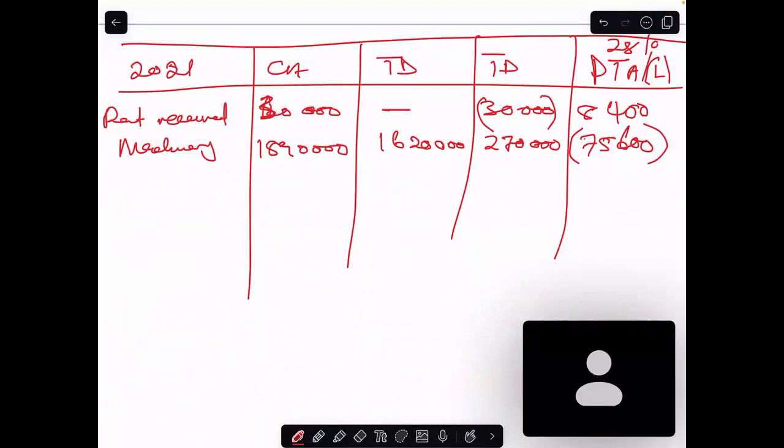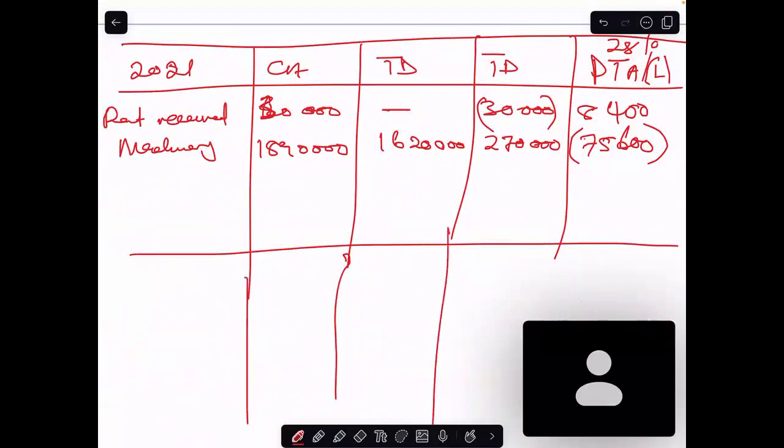2022. Right, we can use the same table, but you are going to get confused. Let me repeat it: carrying amount, tax base, temporary difference, then deferred tax.